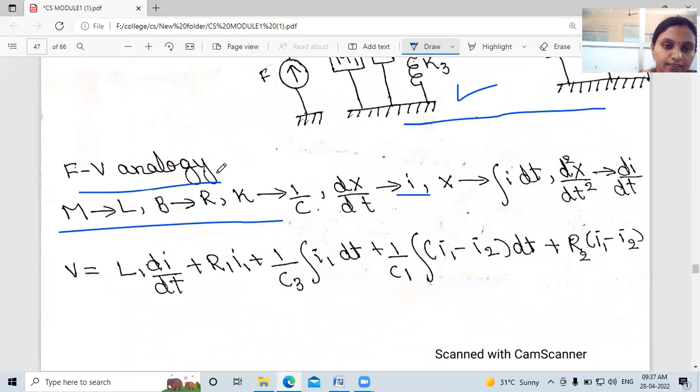So V is equal to L1 di by dt plus R1 I1 plus 1 by C3 integration of I1 dt plus 1 by C1 integration of (I1 minus I2) dt plus R2 into (I1 minus I2).